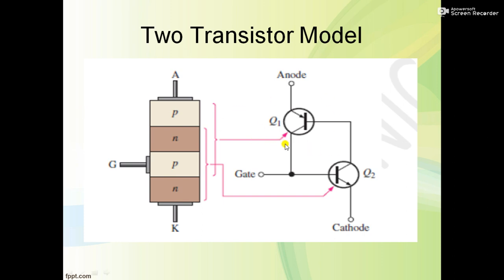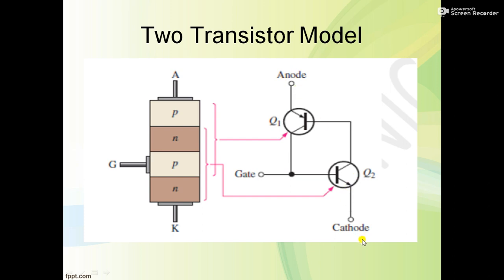IC01 is the leakage current at the collector of Q1, and IC02 is the leakage current of transistor Q2 at the collector terminal. This is the operation when we apply the positive voltage on the anode.